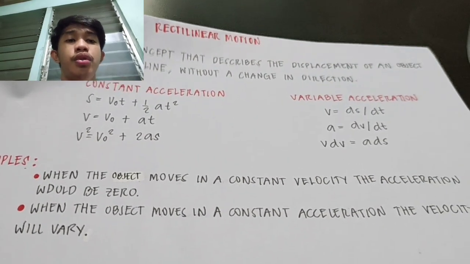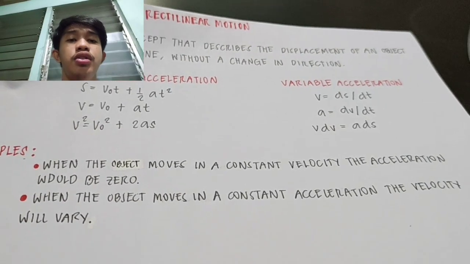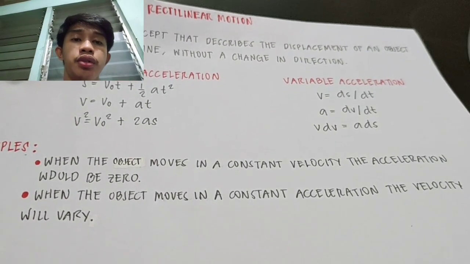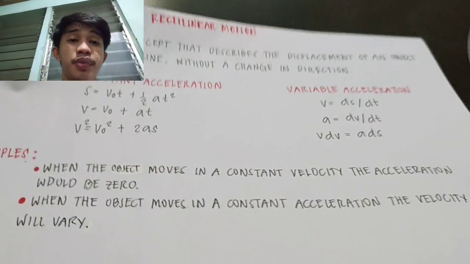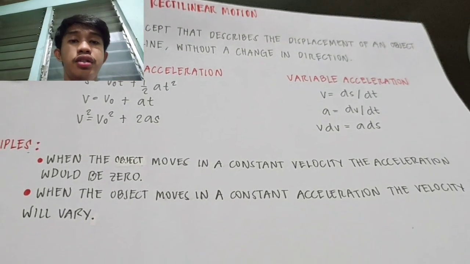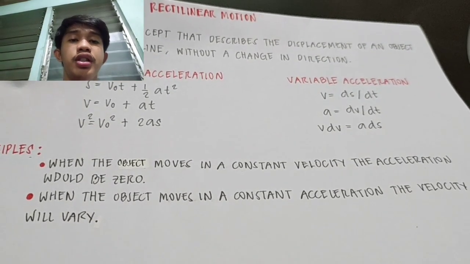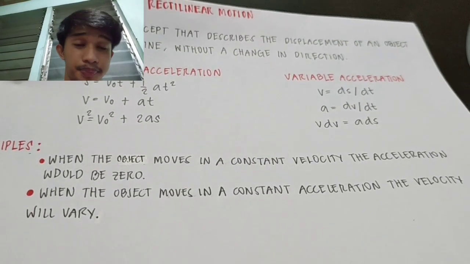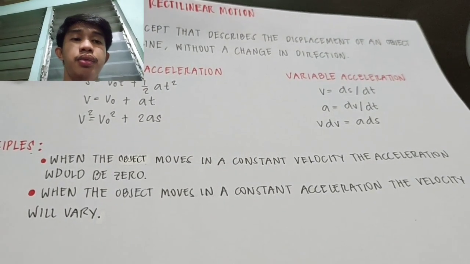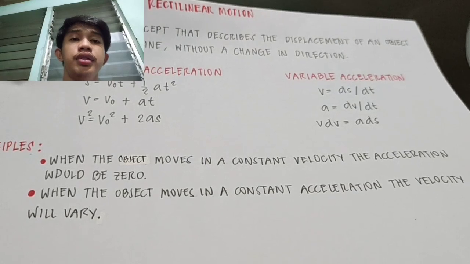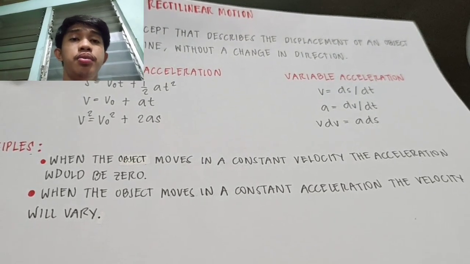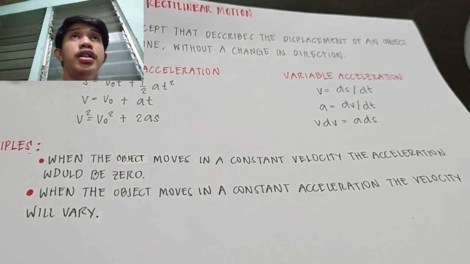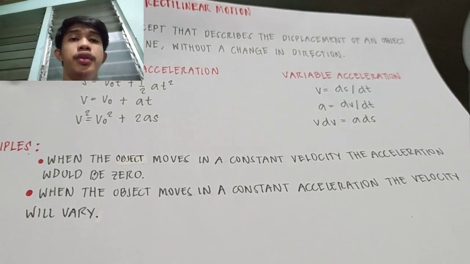Second, when the object moves with a constant acceleration, the velocity will vary. The velocity will not be 0. When an object is applied with a constant acceleration, its velocity is either going up or going down.